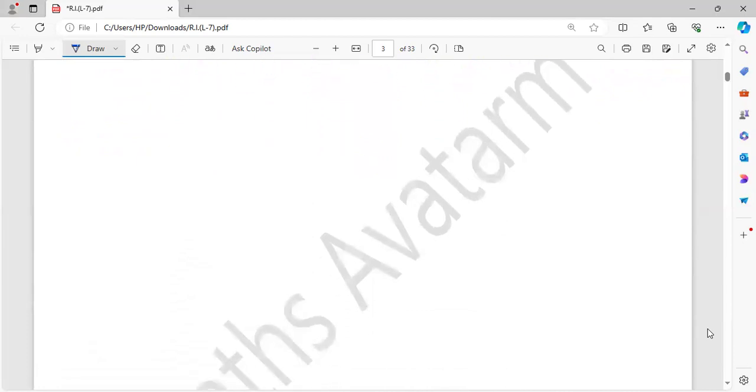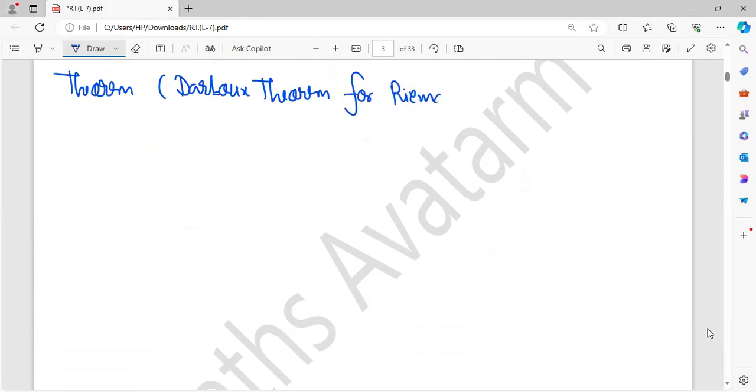So we will prove a result: the Darboux theorem, the Darboux condition for Riemann integrability.